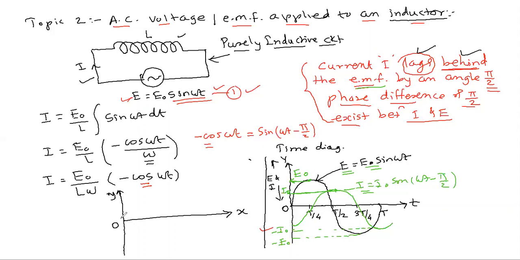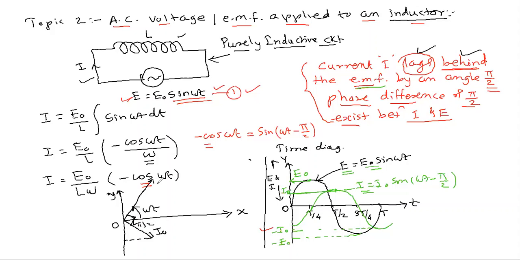The current is lagging behind by an angle of pi by 2, that is 90 degrees. This angle is omega t, and this angle is pi by 2.